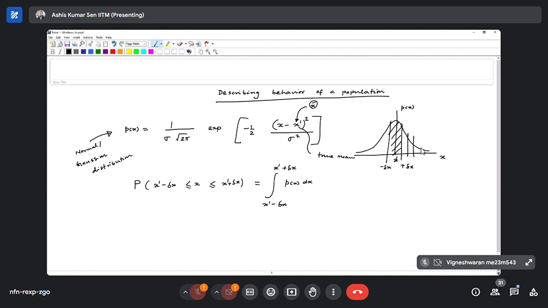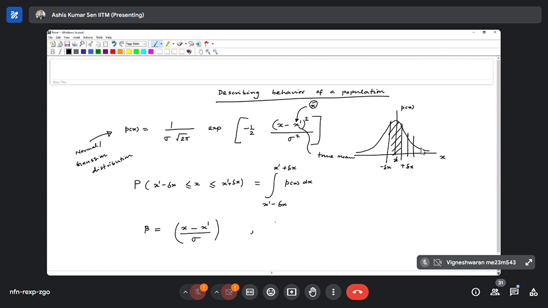But they are typically represented in a slightly different form where they define a parameter called beta. So your beta is x, that means a particular data point, minus the true mean divided by the standard deviation. Okay, so this is for any particular value of x.